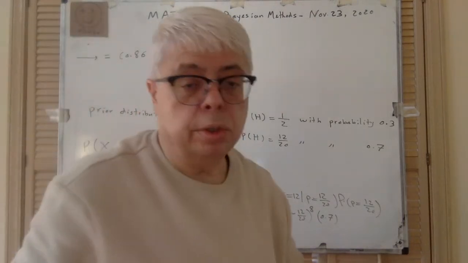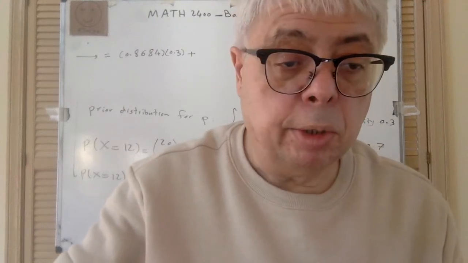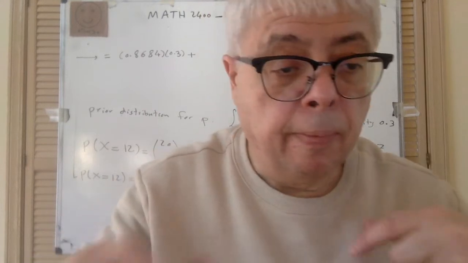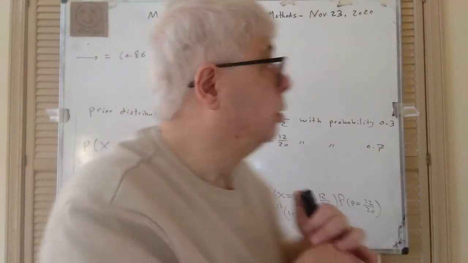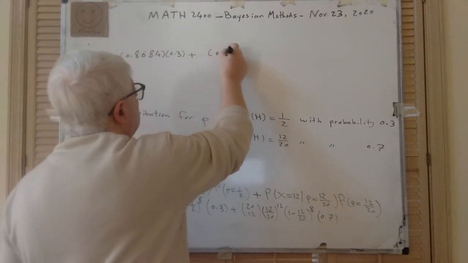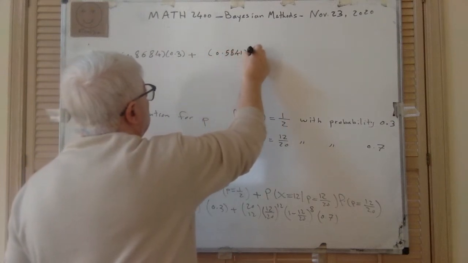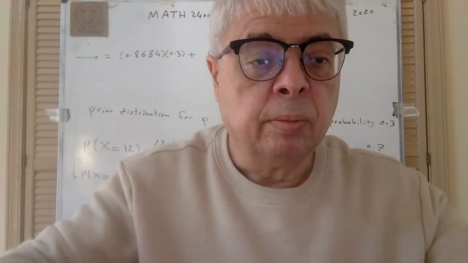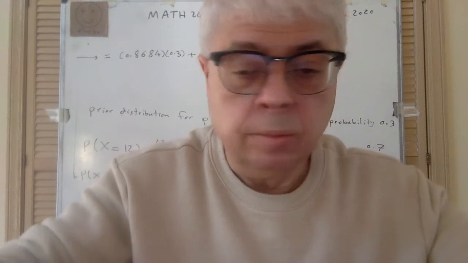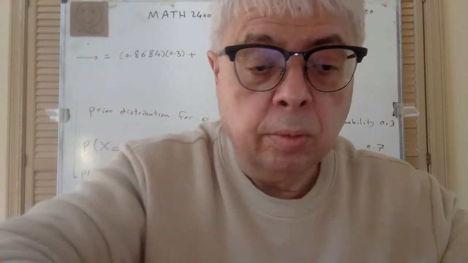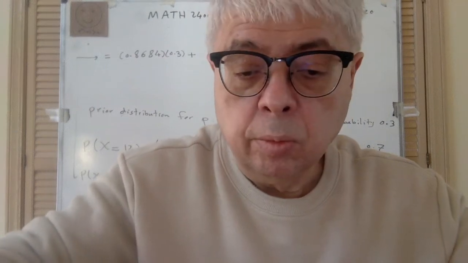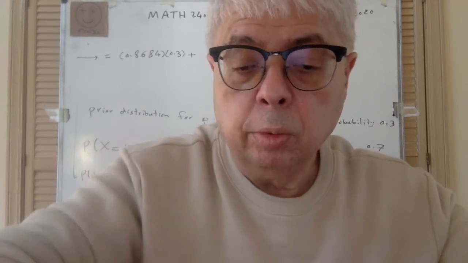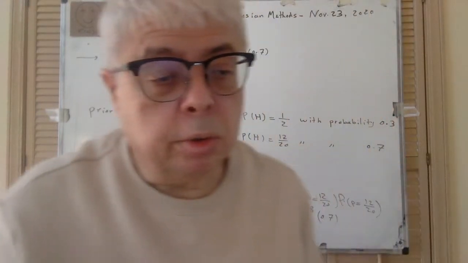The other one is the same, except that it is 12 over 20, 0.5841, and times 0.7, and it gives 0.6693.